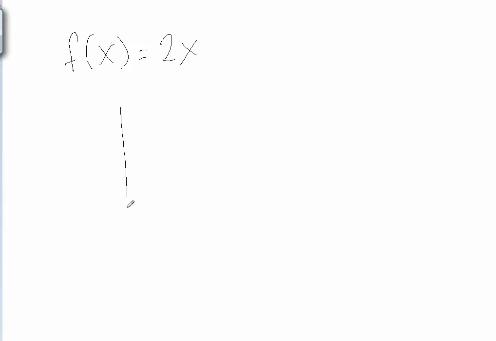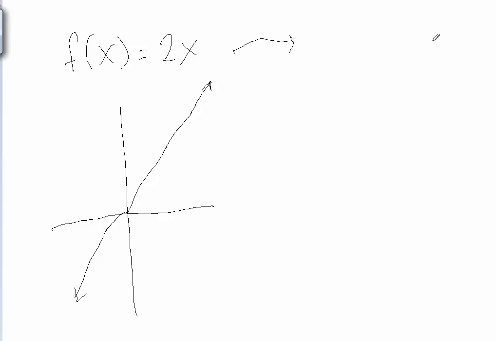Let's take another function, f of x equals 2x. So graph that function. Straight line, slope of 2. Let's think of the antiderivative.